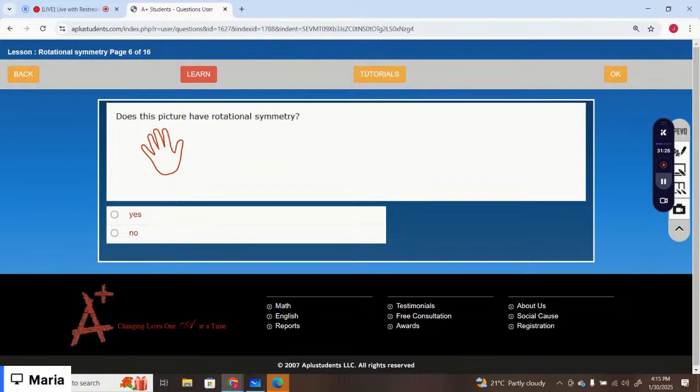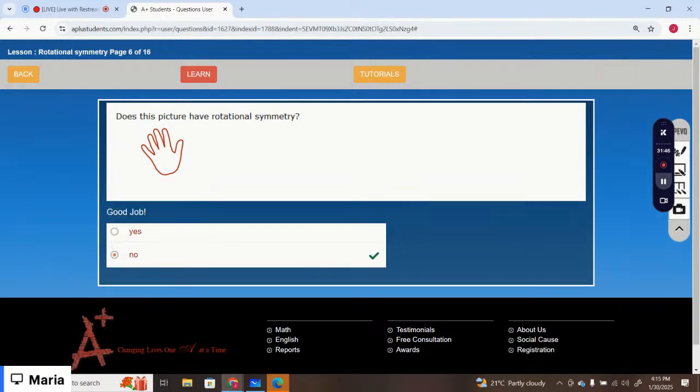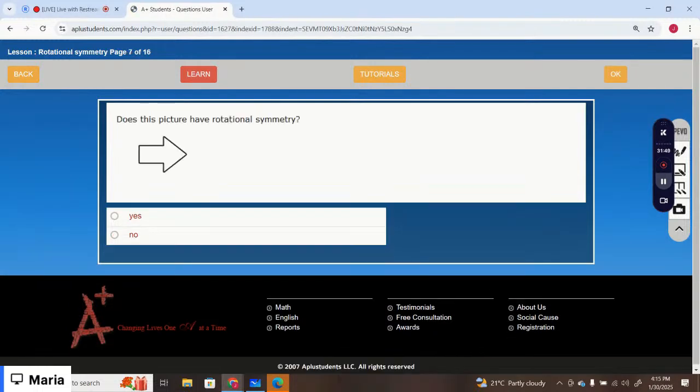Does the picture have rotational symmetry? The correct option is no, the picture doesn't have rotational symmetry. Does the picture have rotational symmetry?